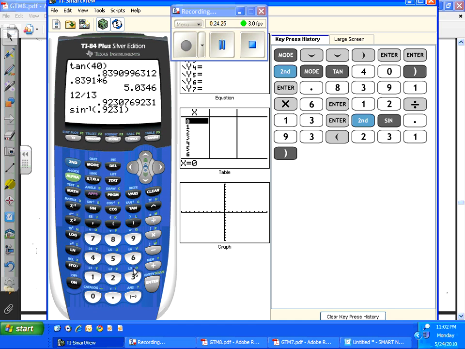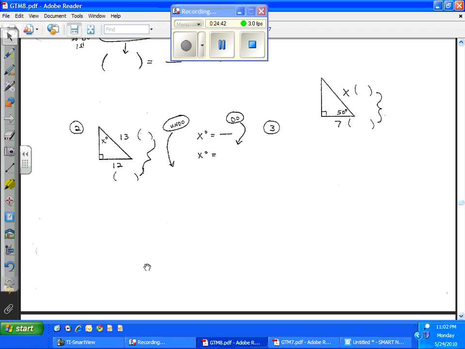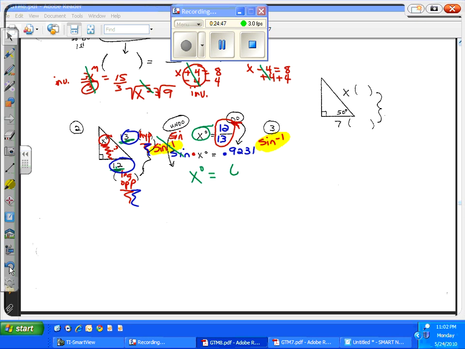Now, what we're looking for is the angle that has that sine value. So we're going to find an angle measure. The angle measure is 67.38 degrees, rounded to the nearest hundredth. 67.38 degrees for the angle measure.